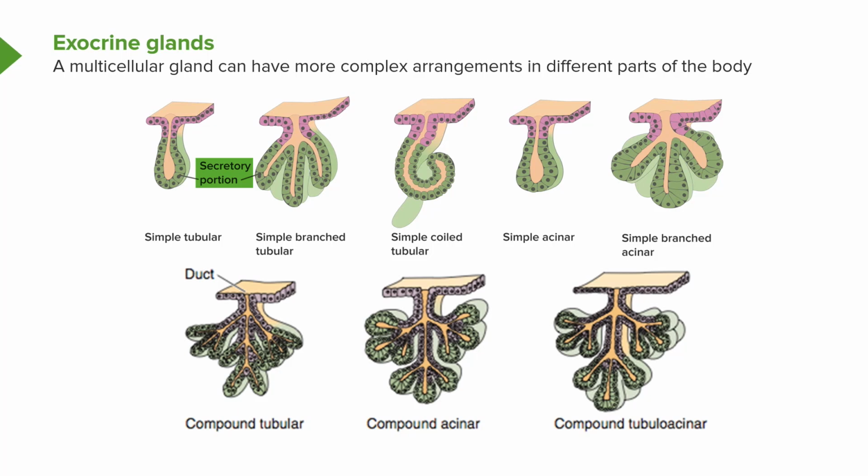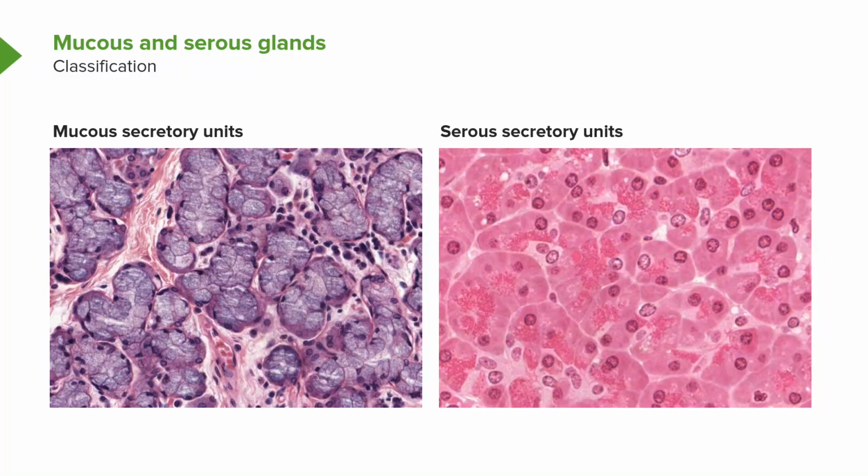It's very different, though, to needing to remember the way in which epithelia are named and classified. I mentioned earlier that there are some cells, such as the goblet cell, that secretes a mucus-type product. But there are also other cells that secrete a serous-type product. And I'll explain what those two types of products really are in a moment.